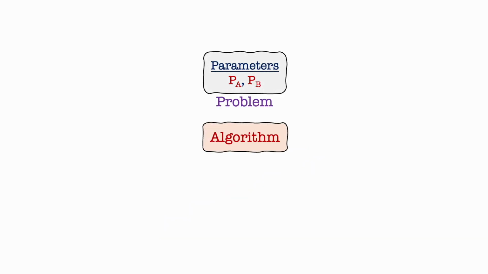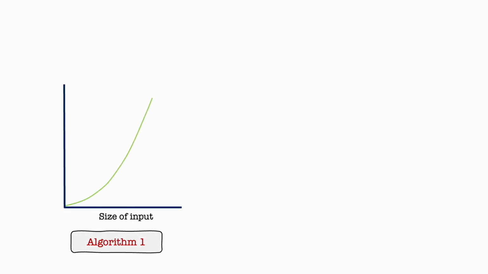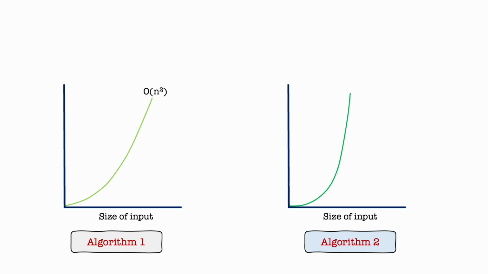We are interested in the algorithm which has the least time complexity. In other words, we are interested in the fastest algorithm. Let us say for a problem, two algorithms exist with time complexity order of n square and order of n cube. We can say an algorithm with order of n square is more efficient compared to the other one.